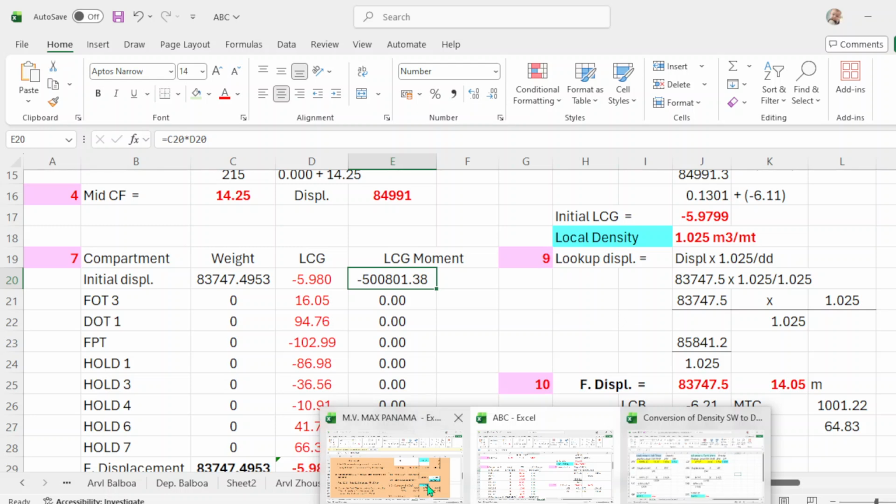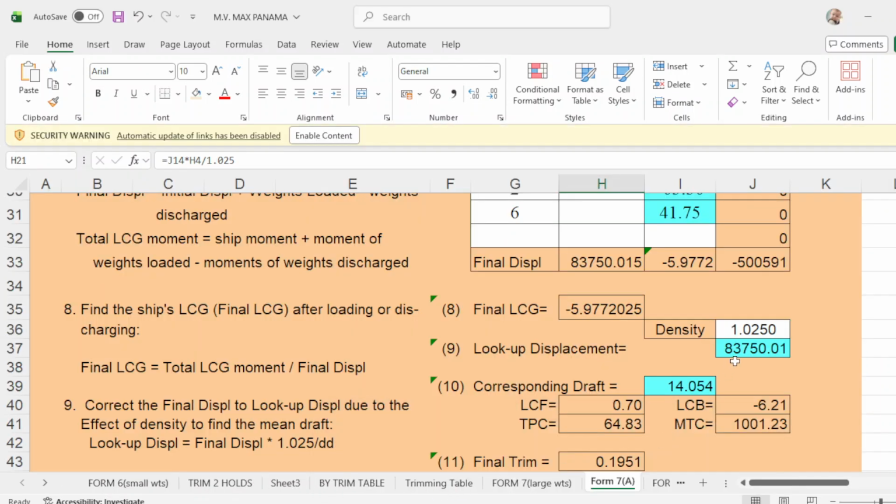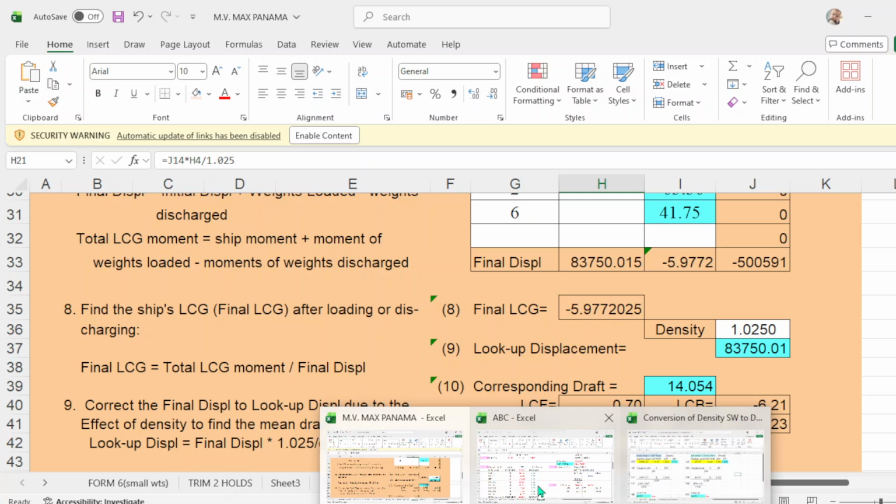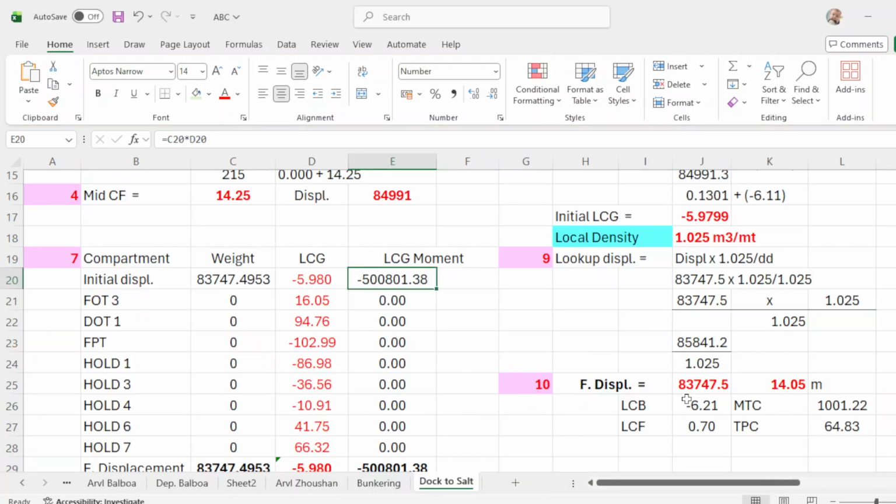83747, and the program says 83747. So there is a small difference, and its corresponding drop will be 1405. And my manual 83747 is 1405.